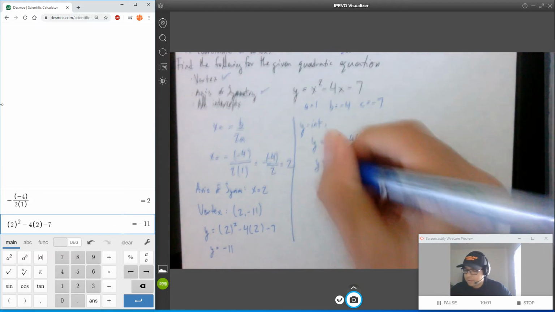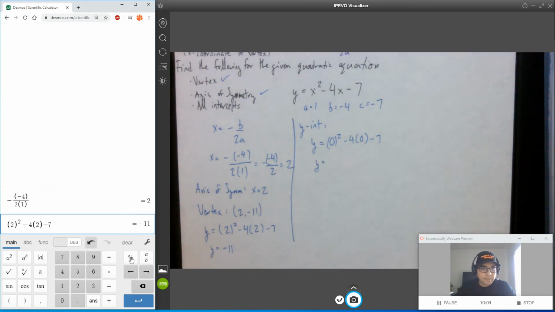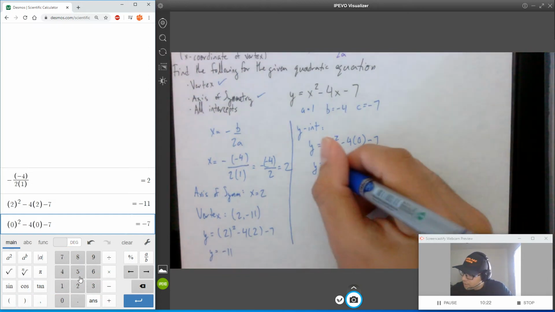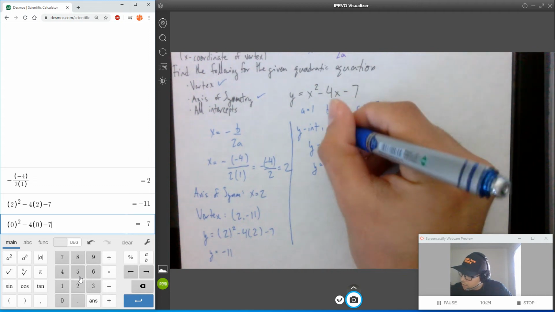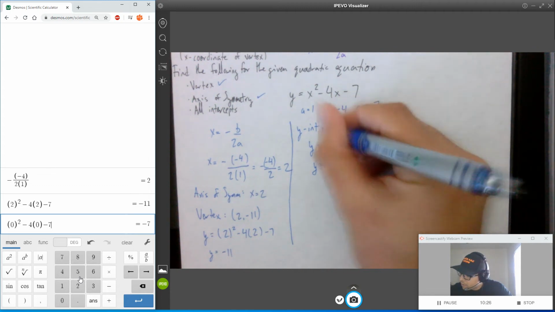Instead of this, you can copy and paste it, but I'm not going to do that. Close that, square, minus 4 times 0, minus 7, and we see that our y-intercept is 0, -7.